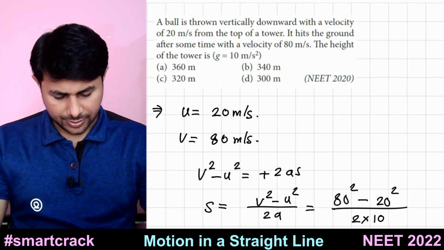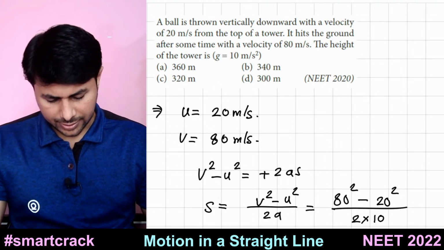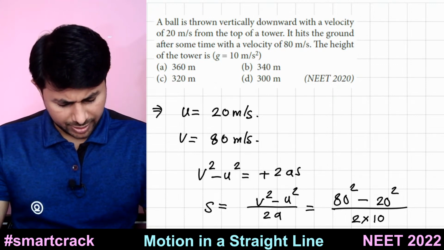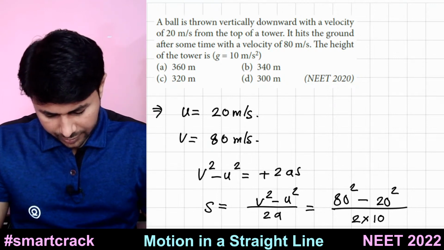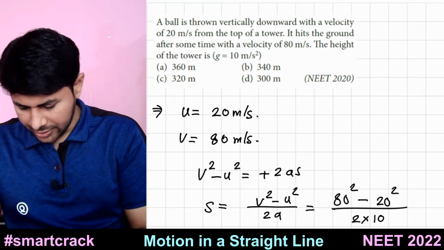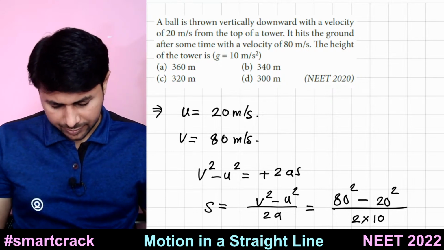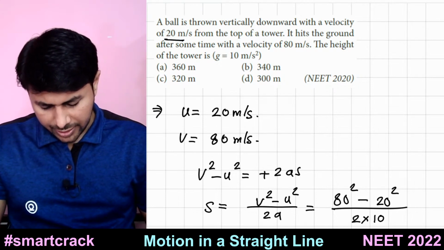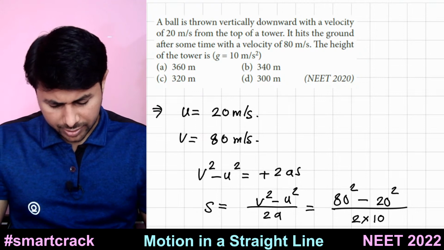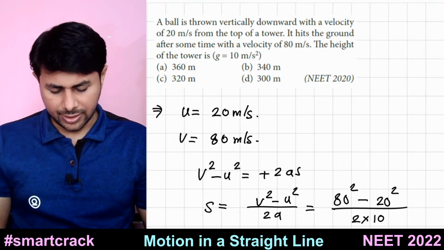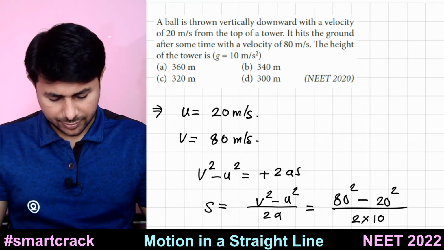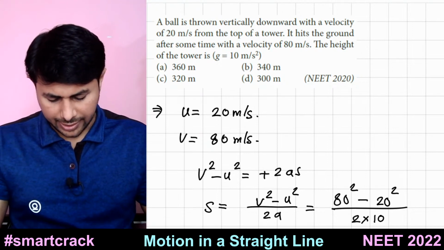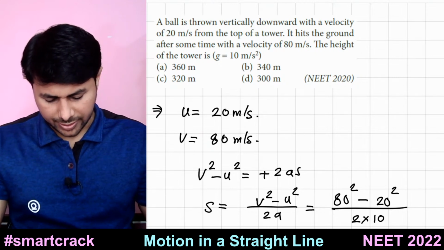All right. Answer has to be 15 meters. It's not. But let us check our calculations again. So it is 20 meters per second from top of a tower. It hits the ground after some time with velocity 80 meters per second, and height of the tower is asked, g equals to 10 meter per second square.